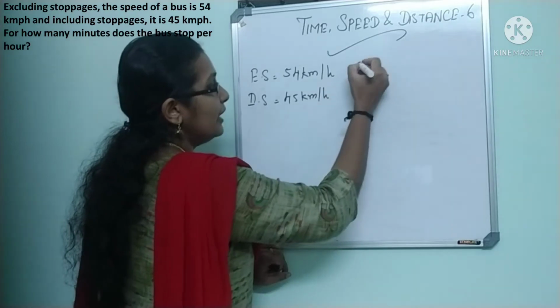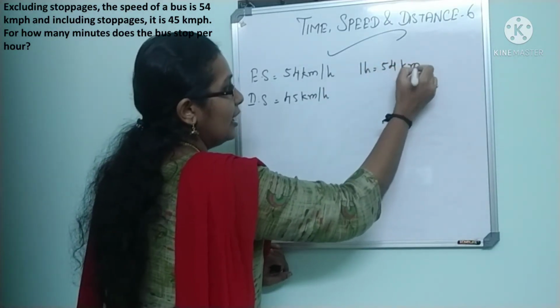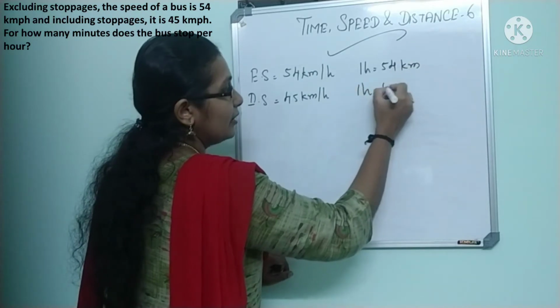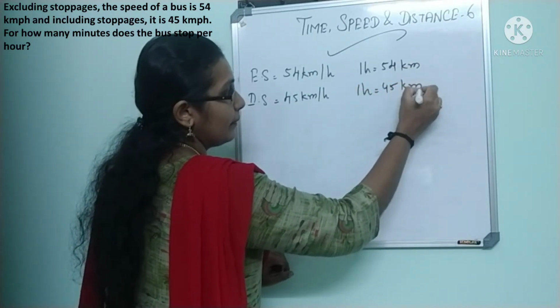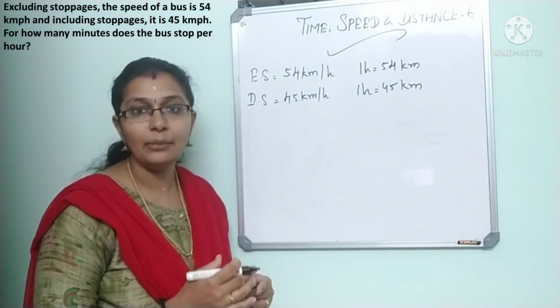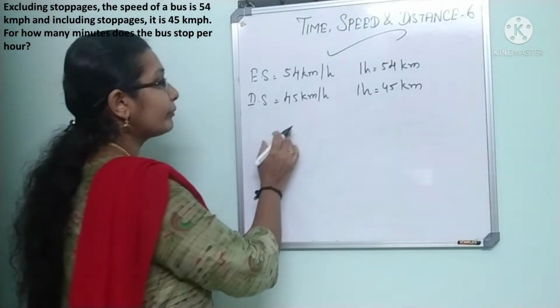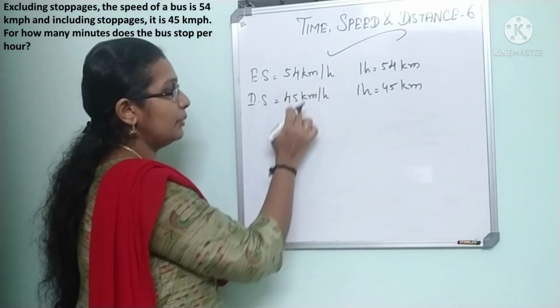Which means in 1 hour it is travelling 54 kilometers, whereas here in 1 hour it is travelling 45 kilometers. Our question is, we will have to find how much time it takes to stop the bus.